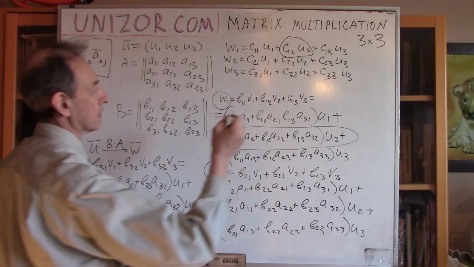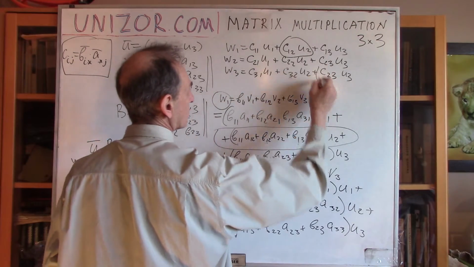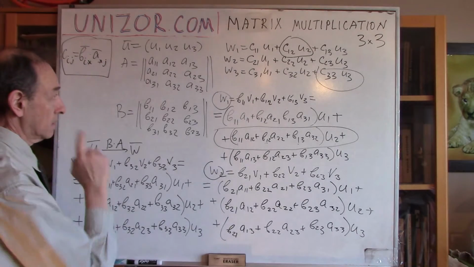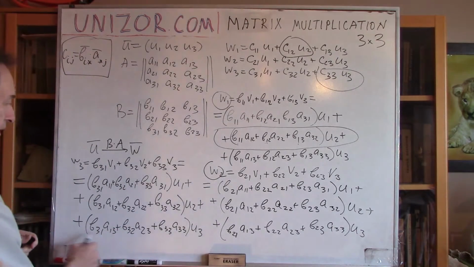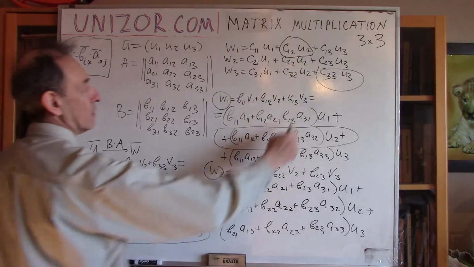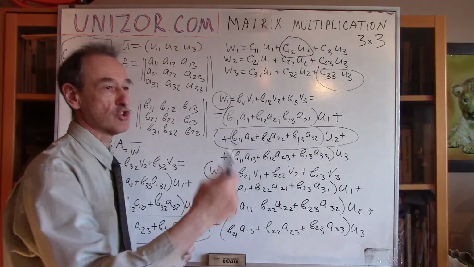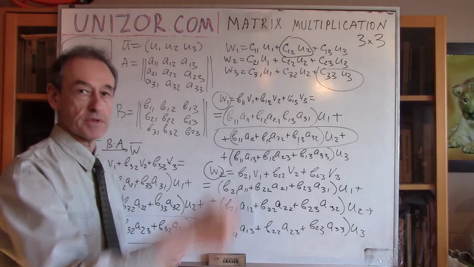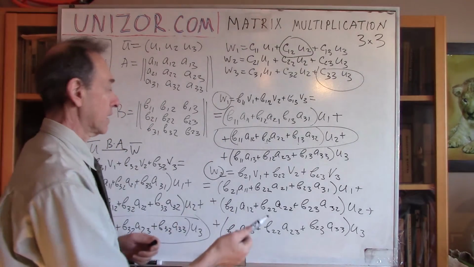Now, same thing everywhere else. Let's take this one, for instance. This is the coefficient at U3 in W3. So this is 3, 3, which means it should be the third row of the B matrix times the third column of the A matrix.